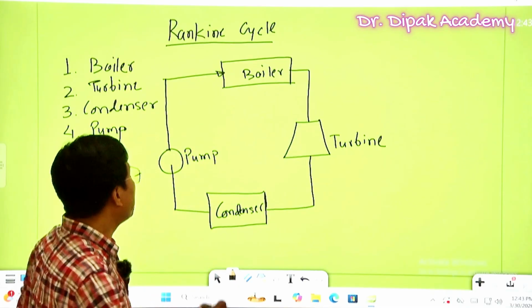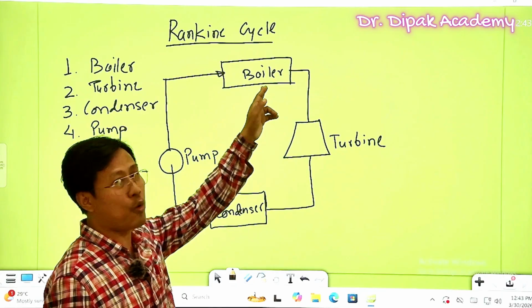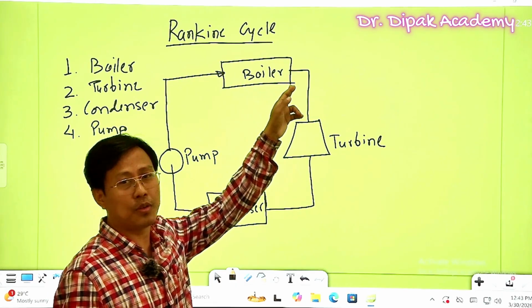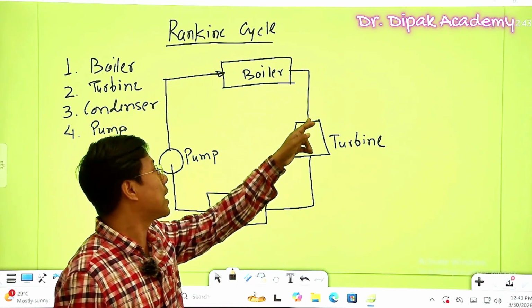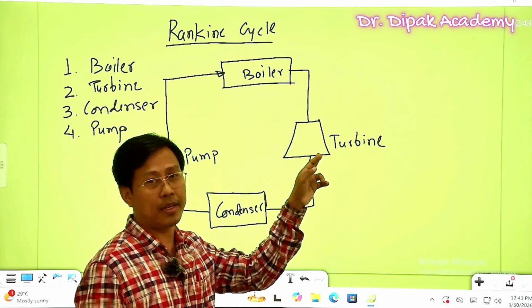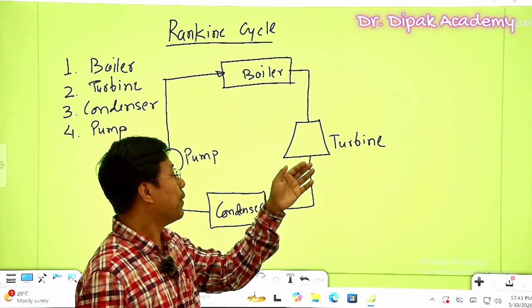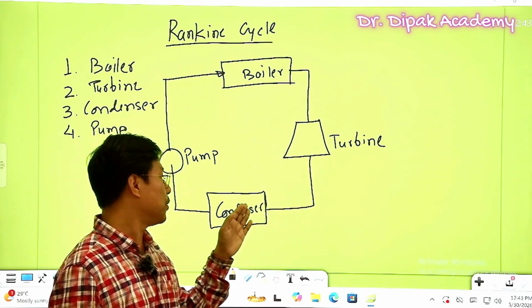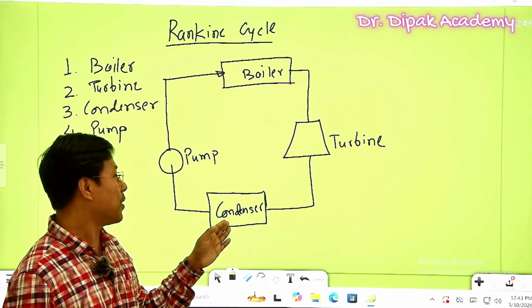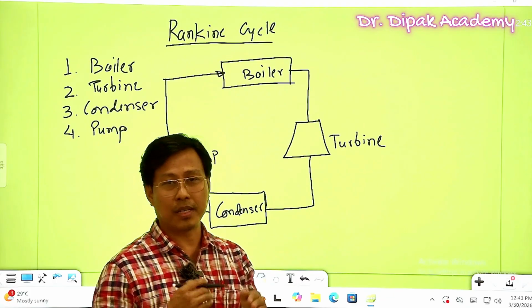In this boiler the feed water will be boiled and it will become steam, and this steam will come to the turbine. There will be rotation of the blades inside the turbine, and from there the power will be generated. From this turbine the steam will come to the condenser, and in this condenser the steam will be converted into water by the condensation process.